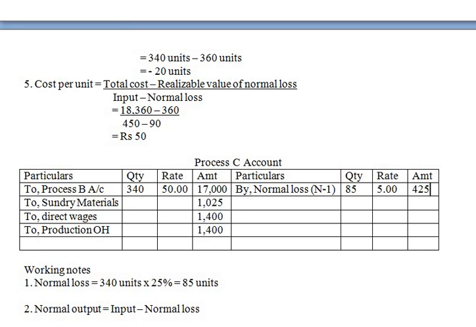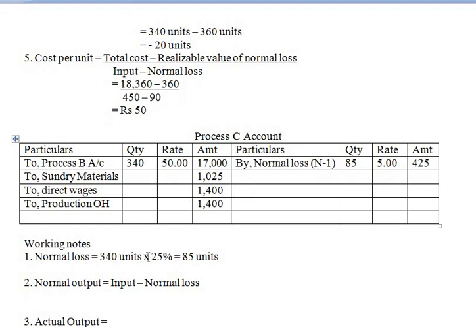Okay, yes. Now again here they have given us actual output. It means there is abnormal loss or gain. So again for that first we are going to find out normal output. Now normal output formula is input minus normal loss. So input is 340 units minus normal loss is 85 units.